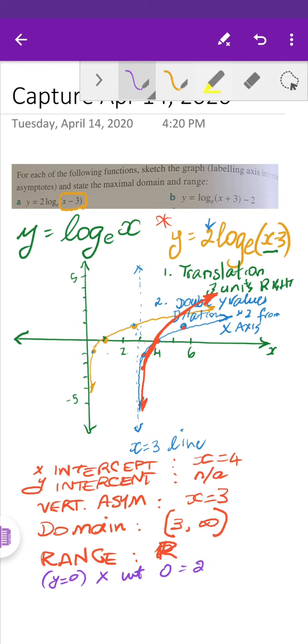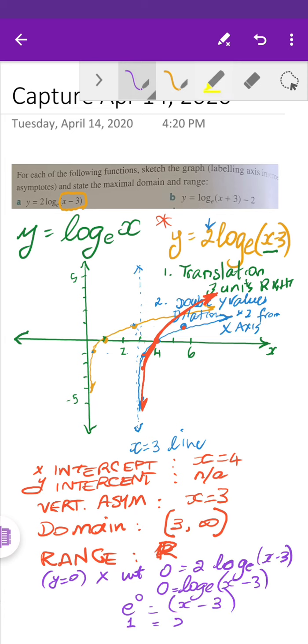So 0 equals 2 natural log, or log e, of x minus 3, and divide both sides by 2, 0 equals the log of x minus 3, and finally e to the power of 0 is equal to x minus 3. So 1 is equal to x minus 3, therefore x equals 4. That's just an algebraic response for the x-intercept.